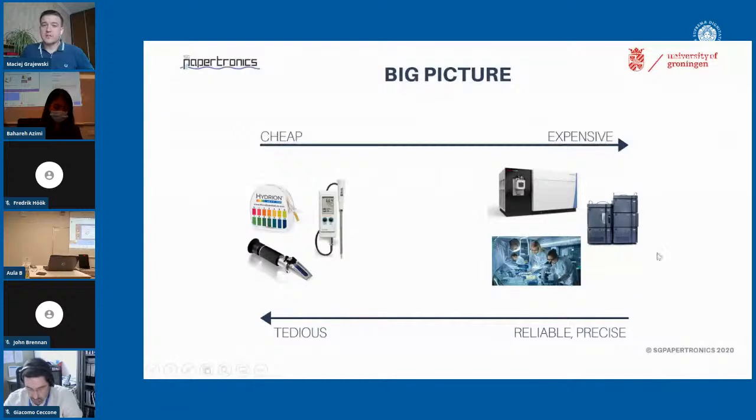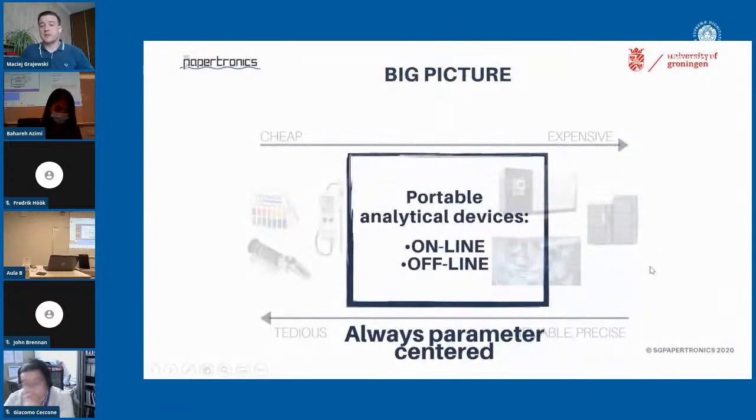Therefore, we started thinking about something that can be used by multiple people without extensive training, that will make those people happy in terms of the amount of work they have to put in, and that they would also trust the results of.